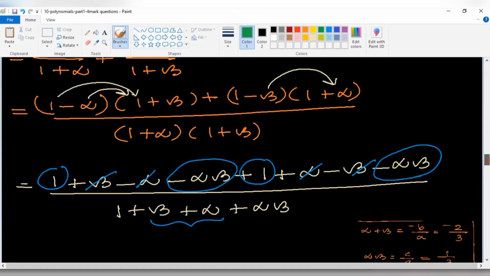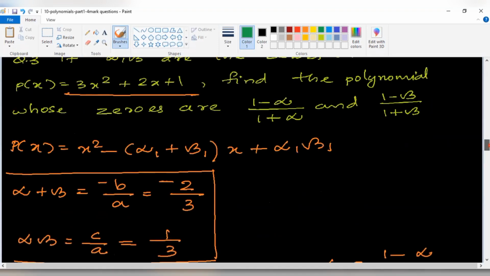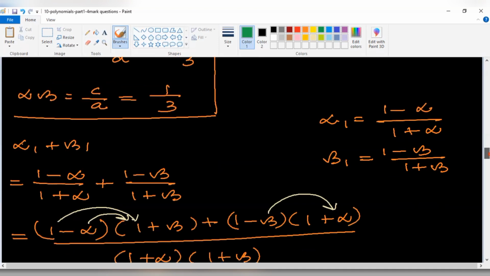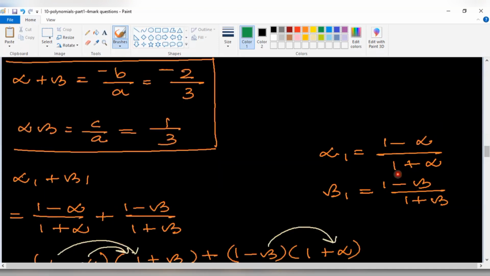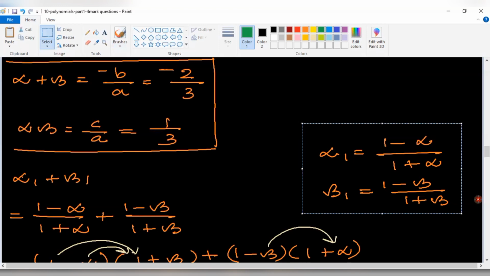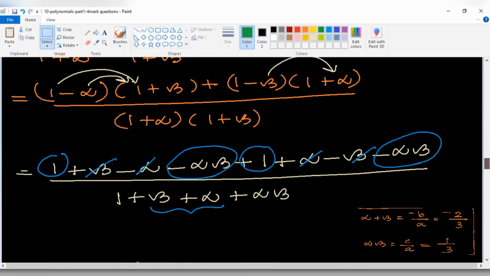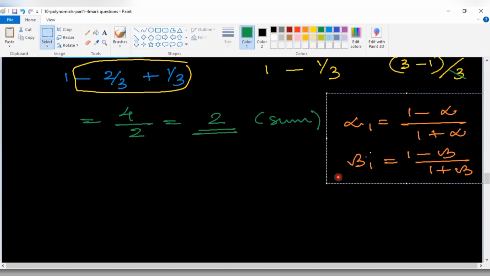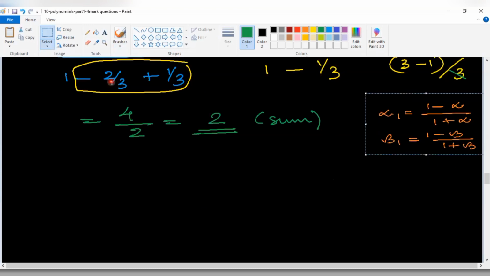Now, again, we have to find the product of zeros of the required polynomial. Alpha 1 is here and beta 1 is here, and we have to multiply these two. So next we are going to find out what alpha 1 beta 1 is. We are taking the values from here.